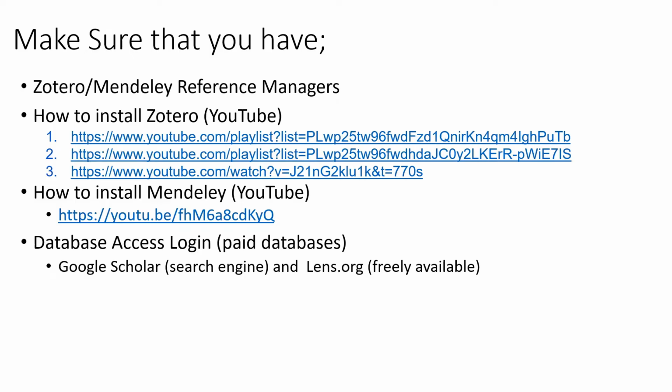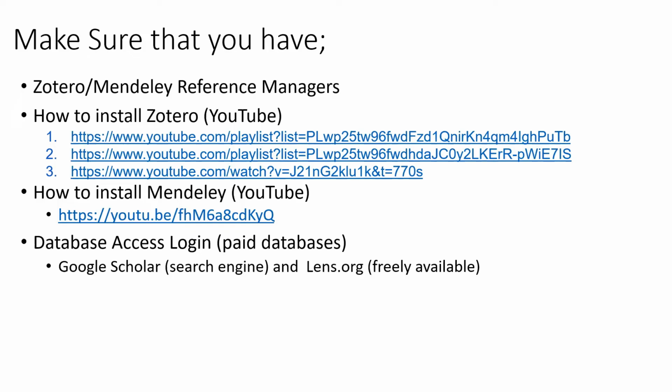So you must have the Zotero software. Zotero is a handy tool for reference management. It has been designed for reference management, but I found that this method can be used for bibliometric analysis as well, especially for data extraction. Since we have limited time, I have given some YouTube links to download and learn how to use the Zotero software.